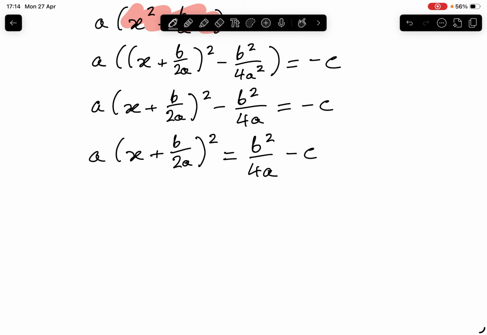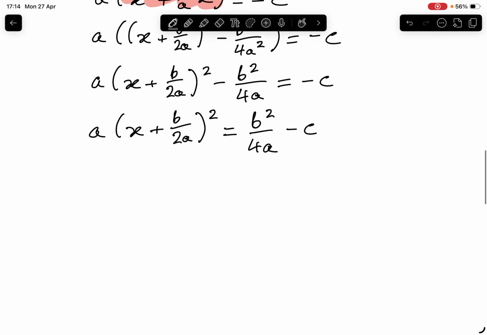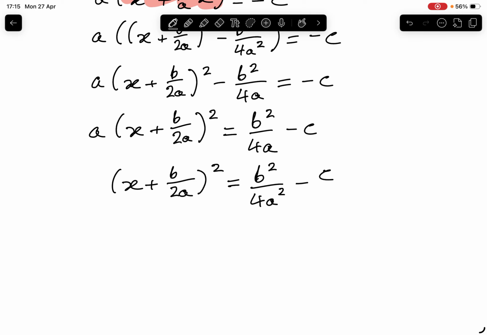Now I can divide by a. So I end up with x plus b over 2a squared equals b squared over 4a squared minus c over a.